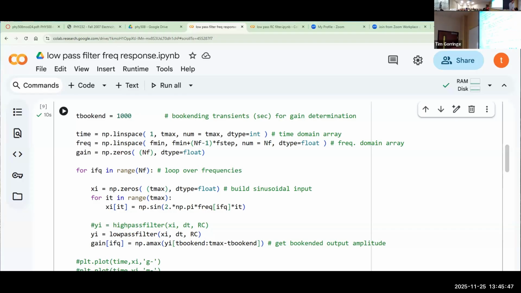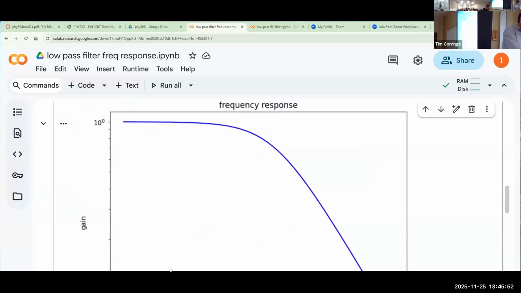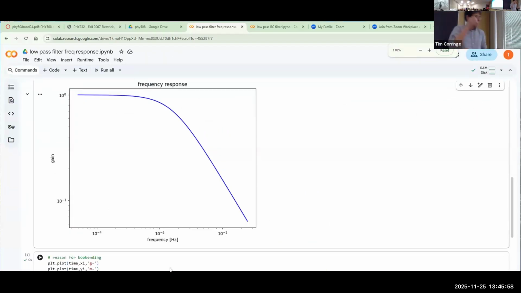And then I make a plot of the gain versus all the different frequencies that I apply to the filter. And this plot is that. So this plot is many calls to the low pass filter with a whole range of frequencies, from a very low frequency approaching 10 to the -5 hertz up until a high frequency up here that's getting onto 0.1 hertz, which is around the scale of the time constant of the filter.